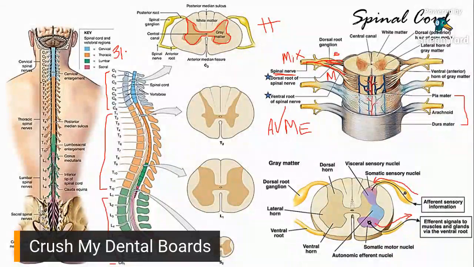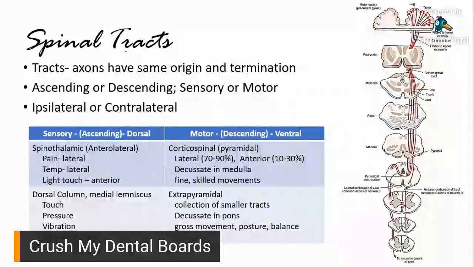Oh, spinal tracts. Now, another thing with regards to the spinal cord. Okay? So, in relation to the spinal cord, we have the spinal tracts. I remember discussing with you guys on tracts. You know, tracts are axons that have the same origin and termination, and we can find it where?